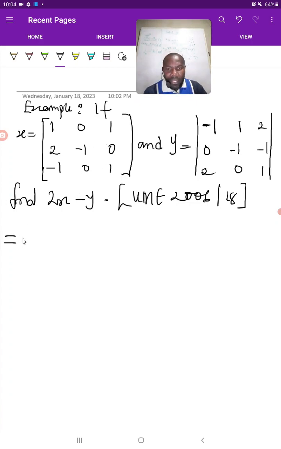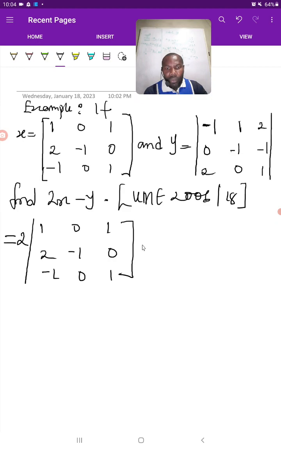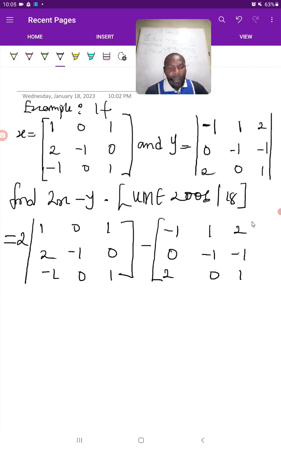You just multiply 2 by X, and then subtract Y. It's a normal equation, but the only thing that will happen is that the elements will be increased because you multiply all of them by 2.